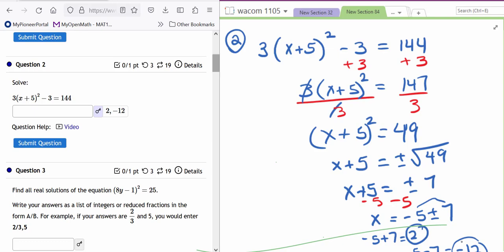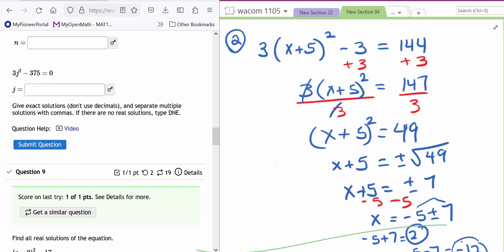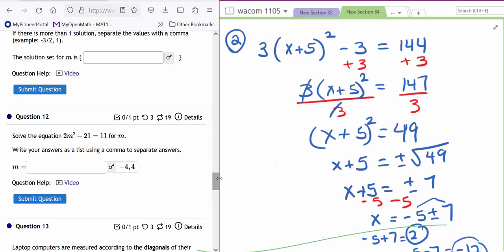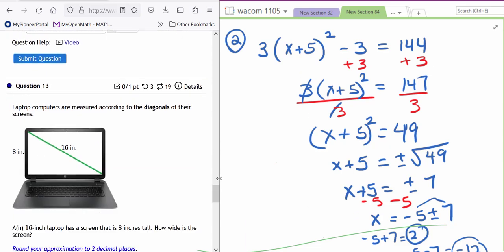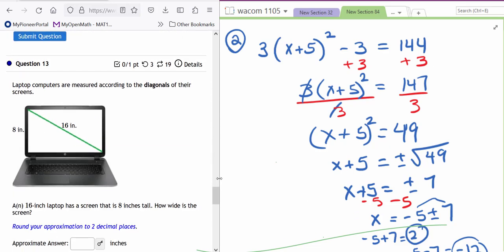Let's go down and we'll do the Pythagorean theorem ones. So a couple of applications. Mainly remember, isolate your square term or isolate your parentheses before you do them.